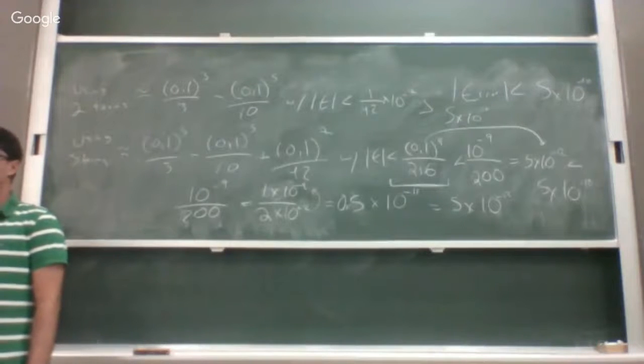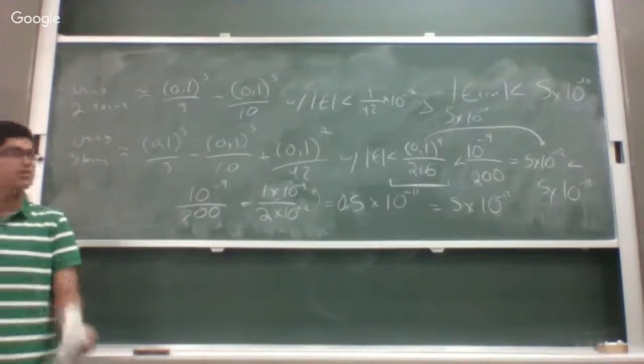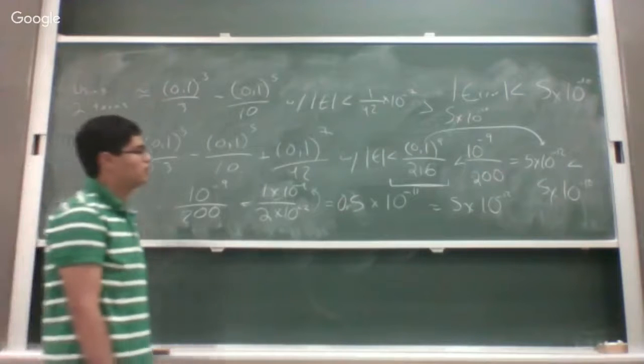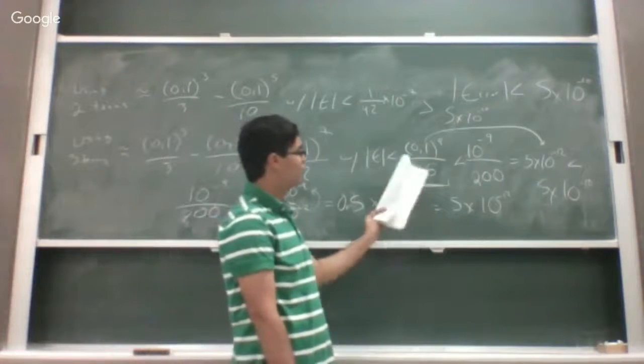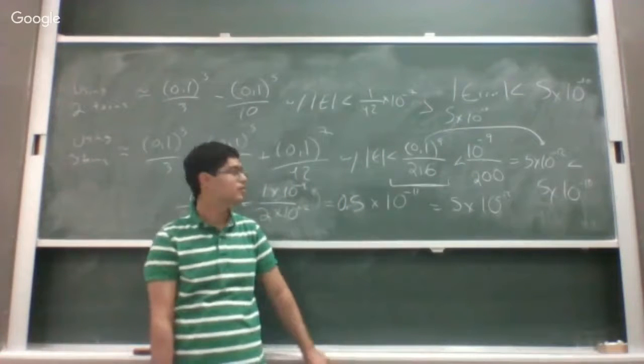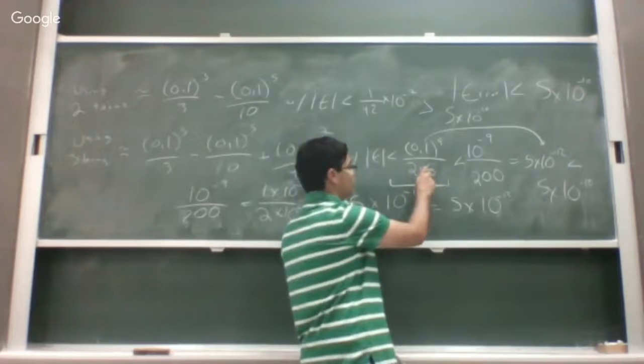Okay? Did I lose most of you guys? Yes. Can we not just say that that is less than 5 times 10 to the negative 10? No, you have to show at least the step. 0.1 to the 9th power is going to be 10 to the negative... Well, what if this was just a 2 or something?